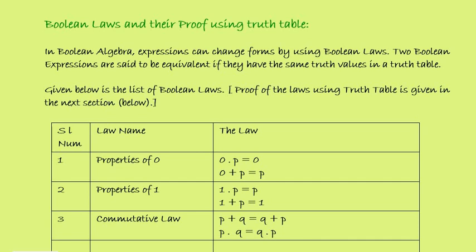Coming to properties of 1. If 1 is multiplied, that is dot product, that is 1 dot P, which is AND, 1 and P is P because 1 dot 0 is 0, 1 dot 1 is 1. Hence, whatever is the value of P, that will rule. Therefore, 1 dot anything is that thing.